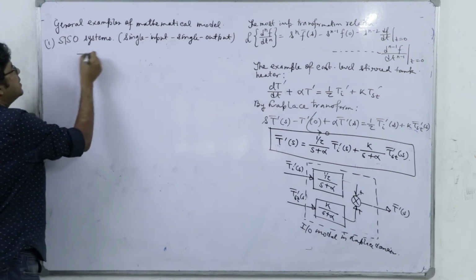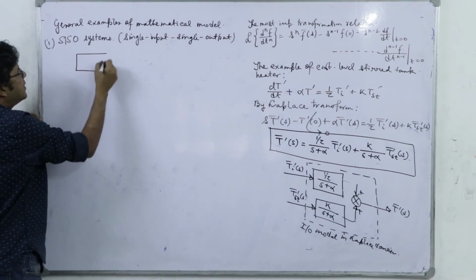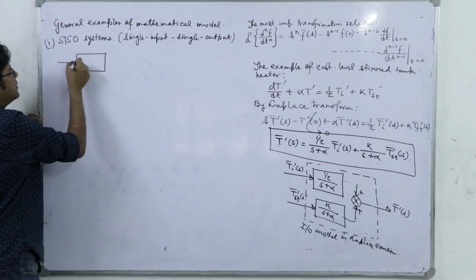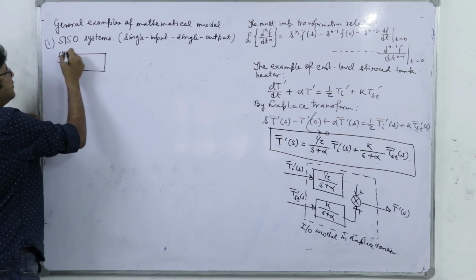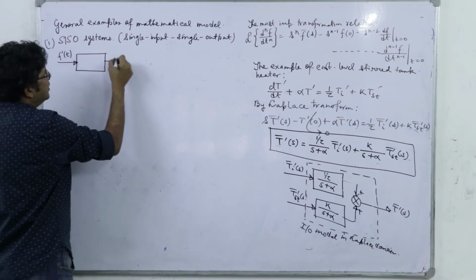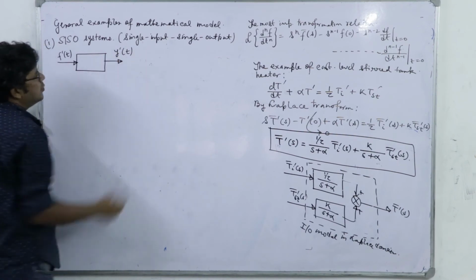Right. In the time domain schematic, it is just like this. This is the system. Here we have the deviation variable of the input producing the deviation variable of the output.